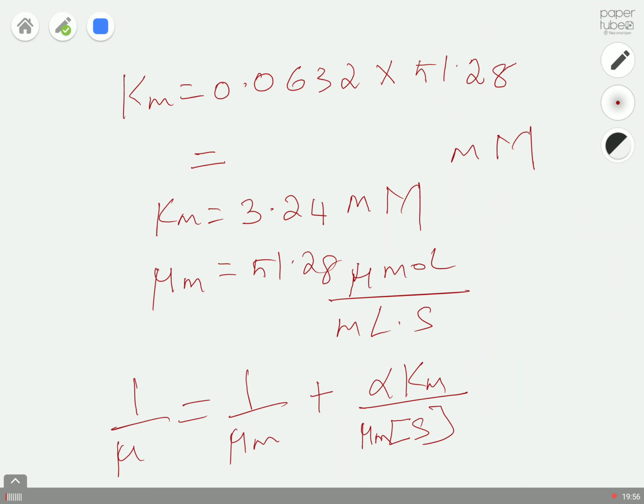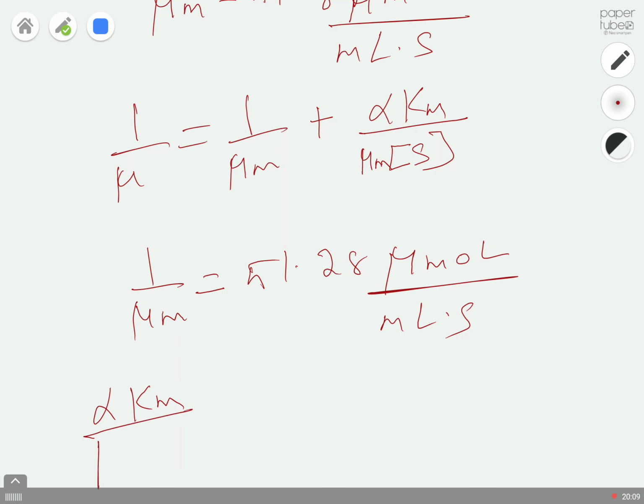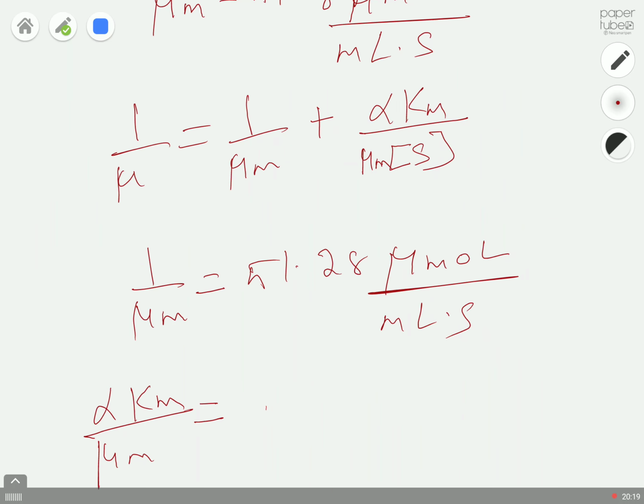So your 1 by mu m is going to be the same, which is 51.28 milliliters per second, and your alpha km by mu m will be equal to the slope of this line for inhibitor 1.